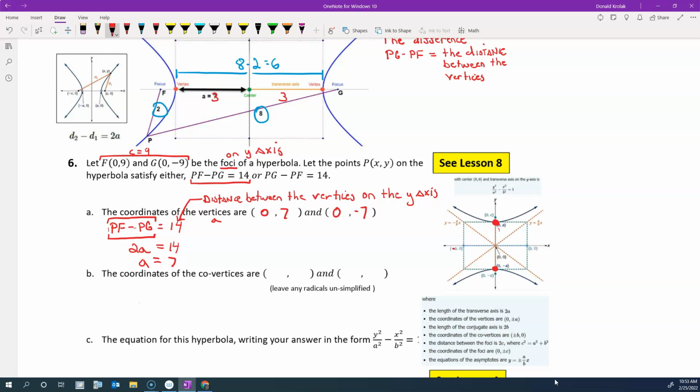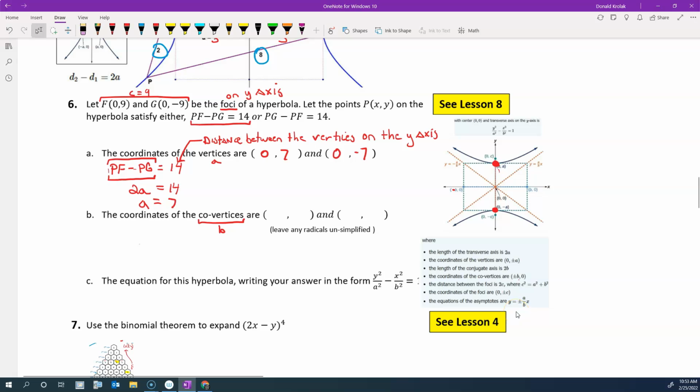Now to find B, we use this Pythagorean relationship right here. C squared equals a squared plus b squared. We know c is 9 from the focus points, and we know a is 7, the vertices, so now we can figure out what b is. 81 equals 49 plus b squared.